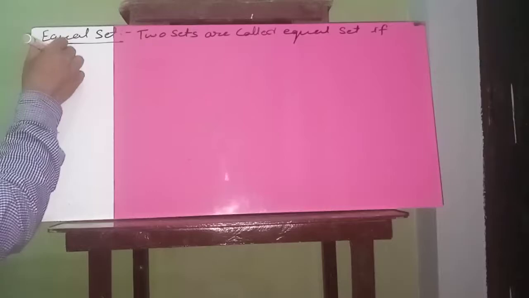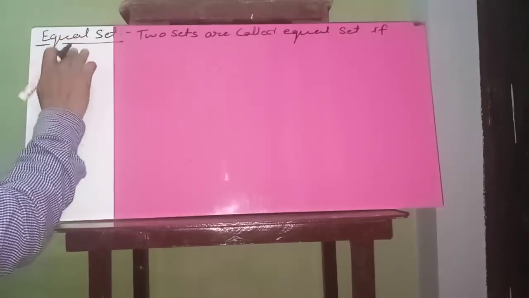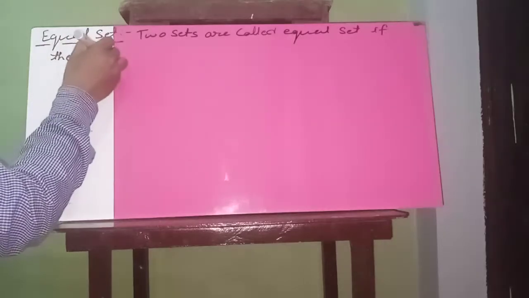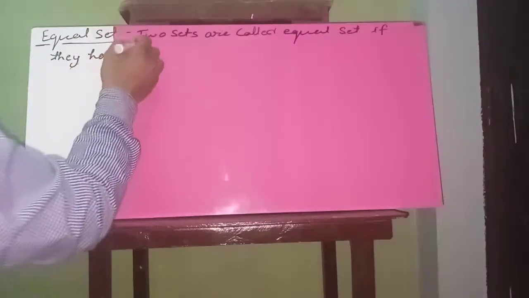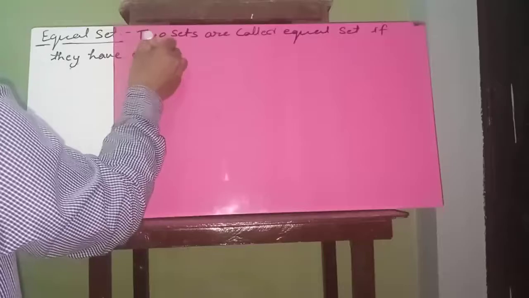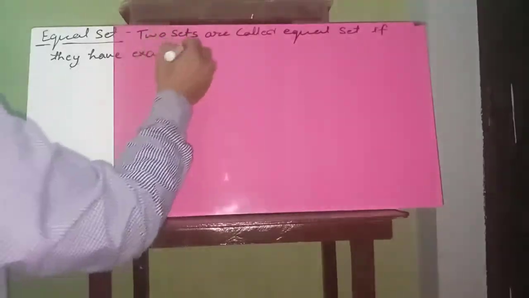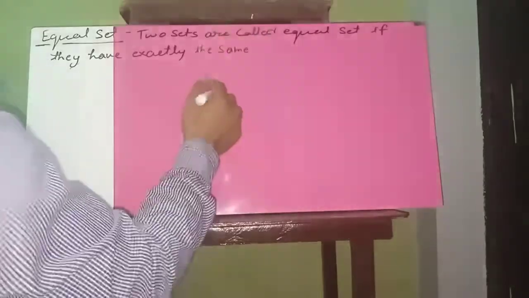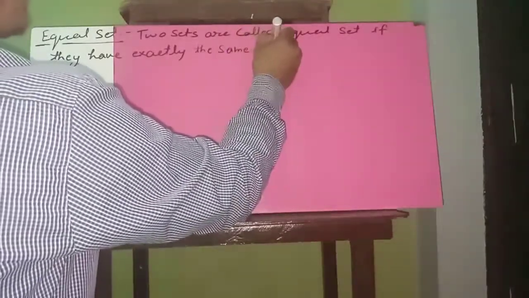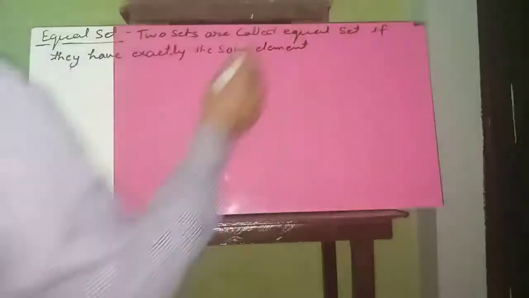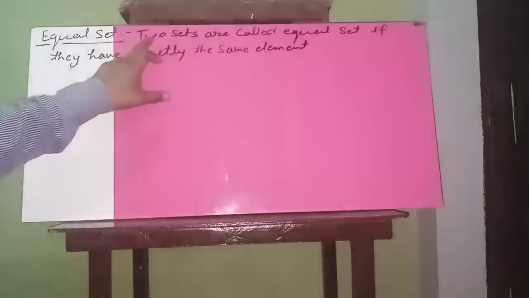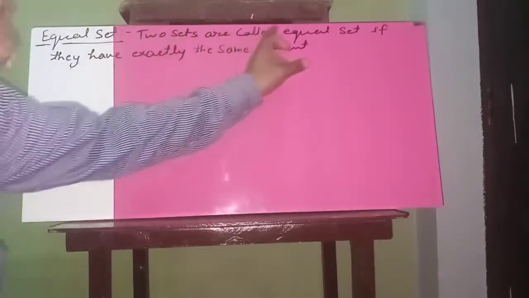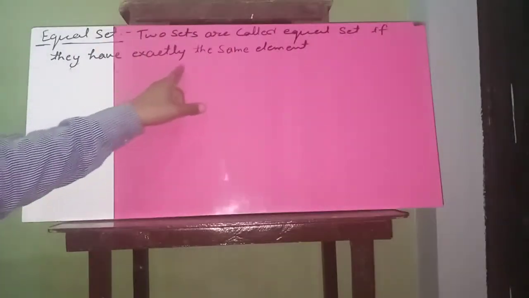If they have exactly the same elements. So that is the definition of equal sets. Two sets, it means two or more sets. Okay, two sets are called equal sets if they have exactly the same elements.